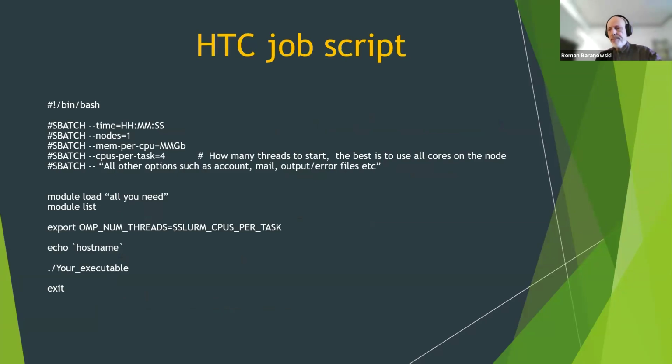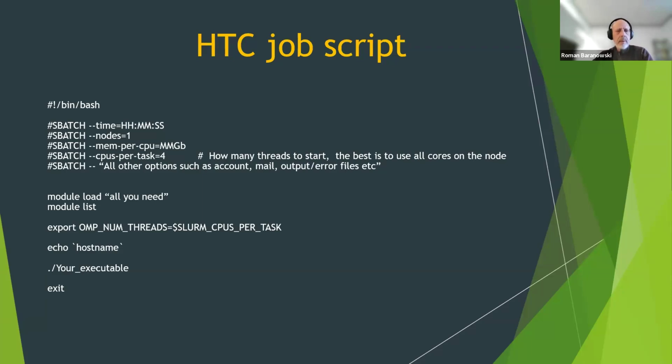Okay, so right now I would like to go a little bit into how the script should look. That's the typical HTC, high throughput computing, job script. I am always asking for a single node.